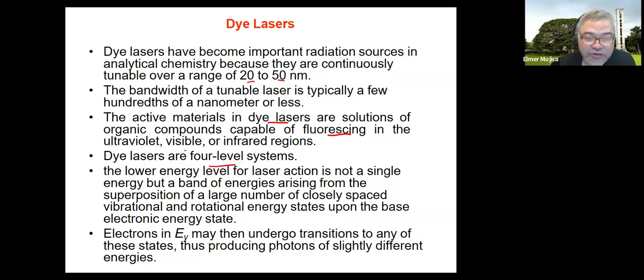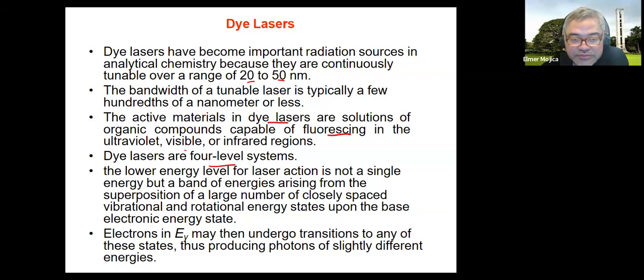Okay, dye lasers are pumped optically by a flash lamp or another laser. This is where sometimes we hate doing it, because you have to pump it with another laser. Pulse operation occurs with flash lamp pumping, or by pumping with a pulse laser. So usually you use either the nitrogen, the Nd:YAG, or an excimer.